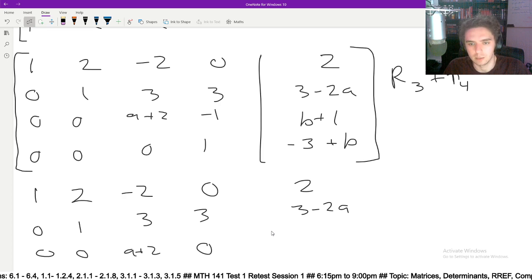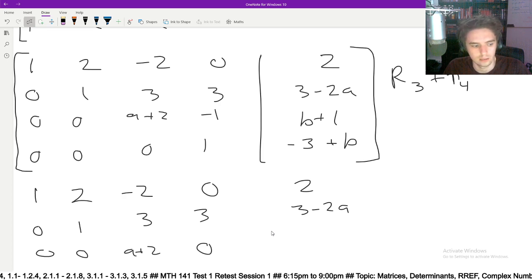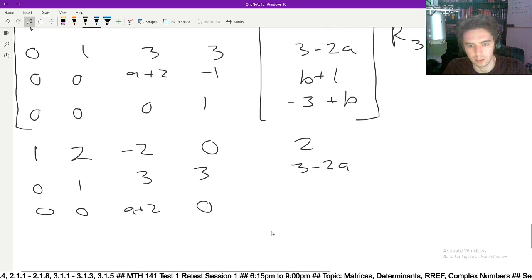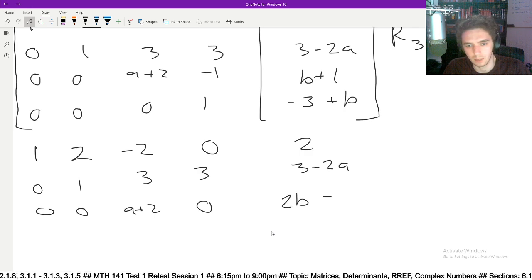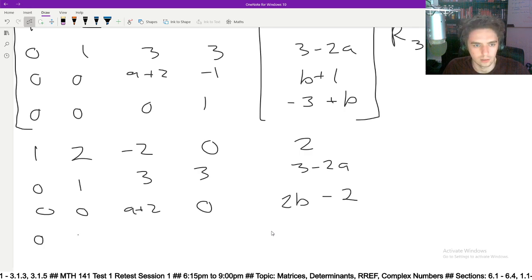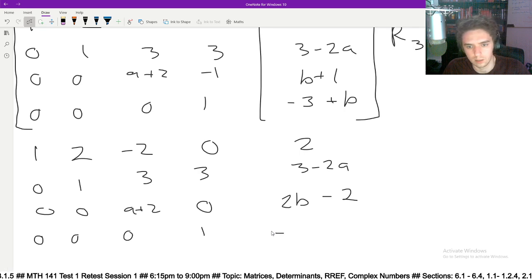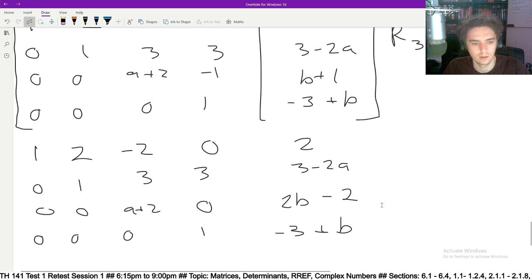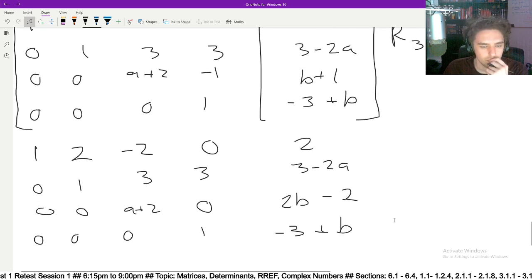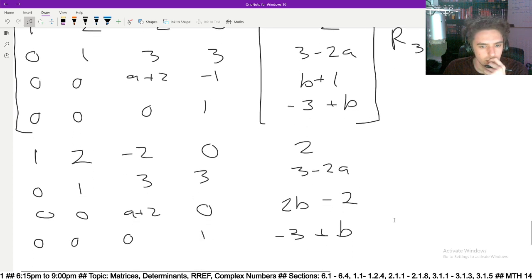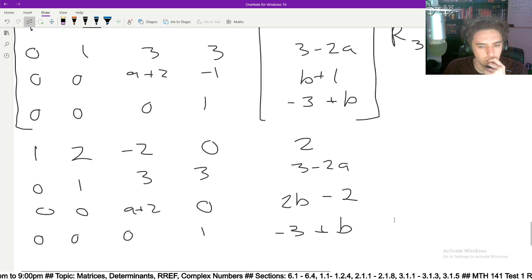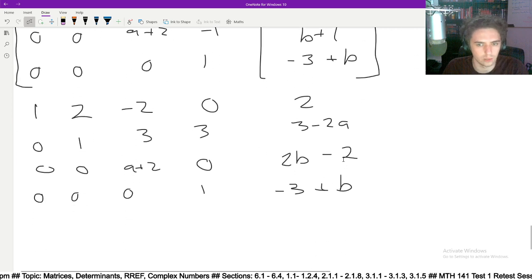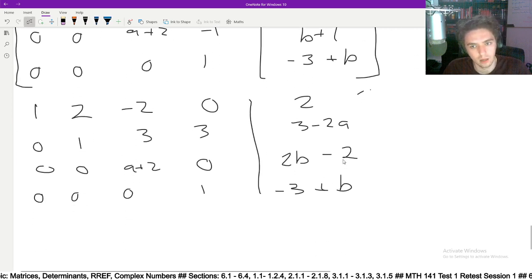And then it's going to be b plus 1 plus this, right? So it's going to be 2b minus 2, and then 0, 0, 0, 1, negative 3 plus b. But again, we're not any closer to the answer now than we were in the last step, as far as I can tell.